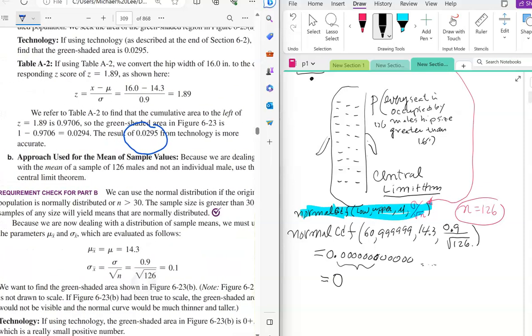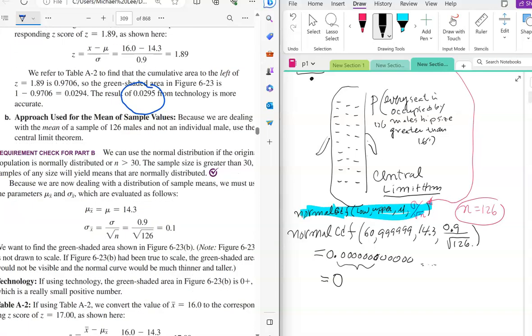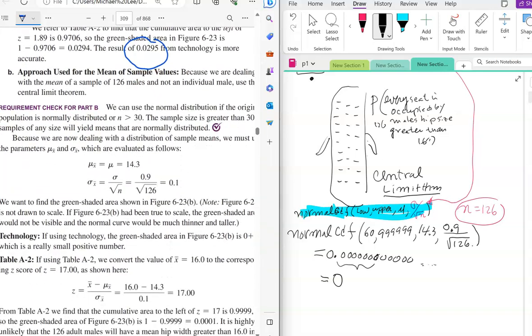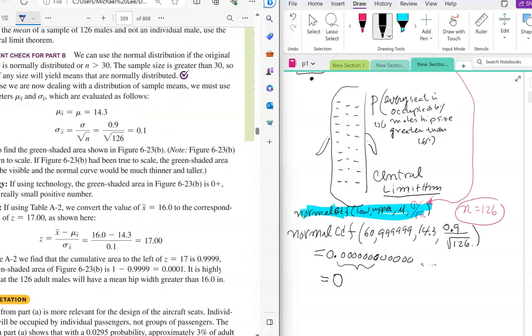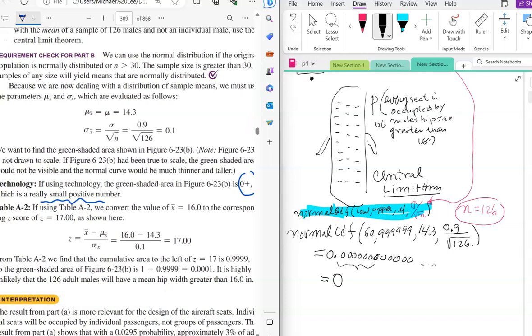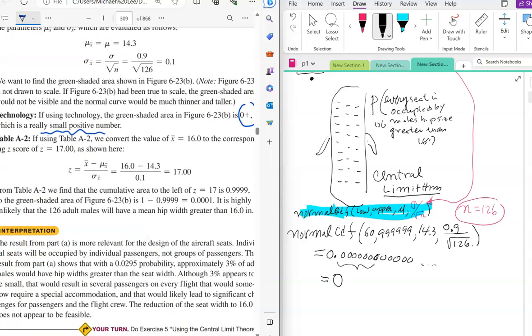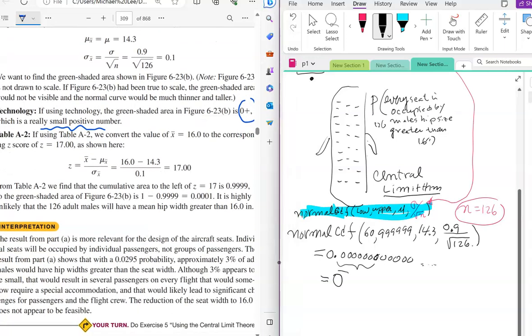So if you look at part B, it is very small, 0 plus. So we can consider that it is 0.